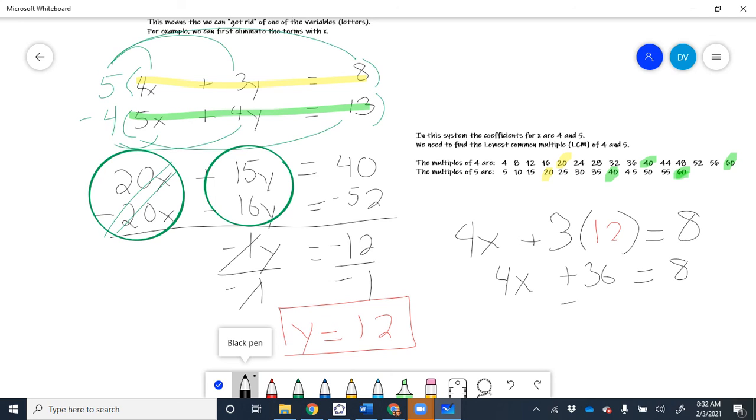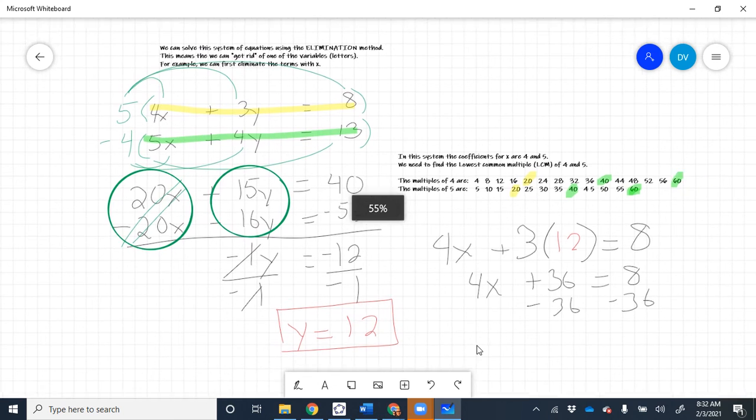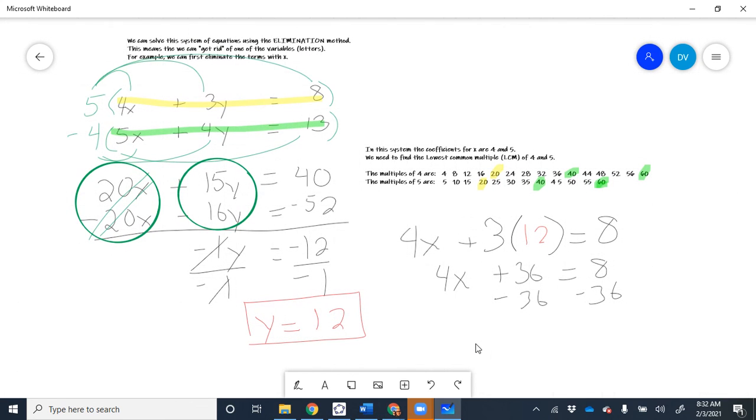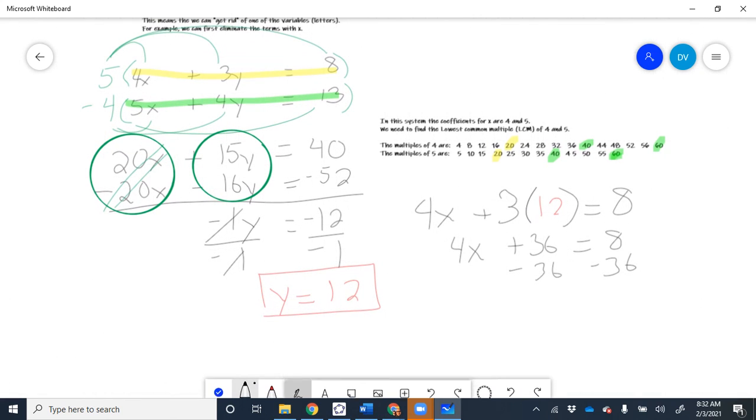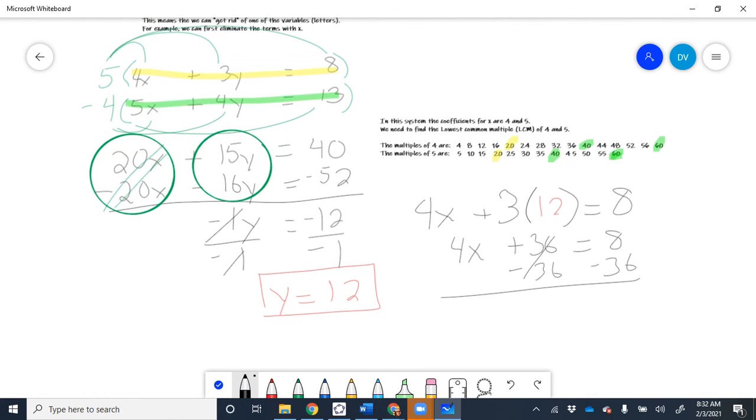We'll do some more simple arithmetic. Subtract 36 from both sides. If we subtract 36, we're going to get that 4x is equal to negative 24.